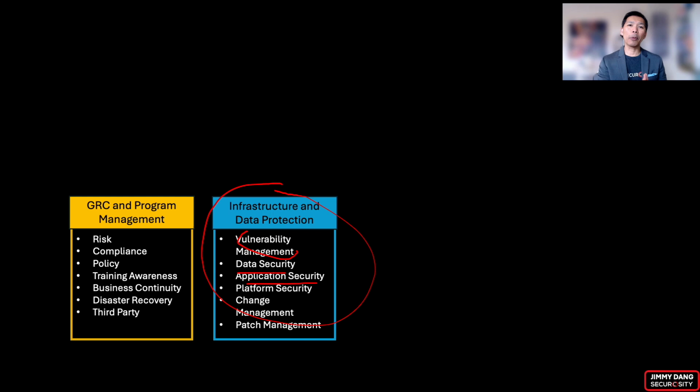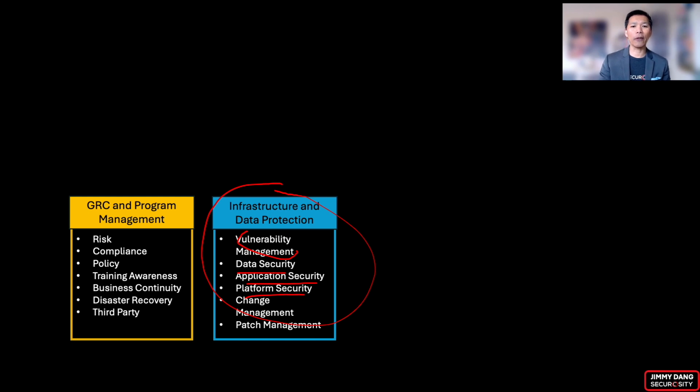Next, application security ensures that software applications are secure throughout their life cycle, from development to deployment, through secure coding practices, testing, and continuous monitoring. Next, platform security protects the underlying platforms such as operating systems, cloud environments, and virtualization layers against unauthorized access and cyber threats.